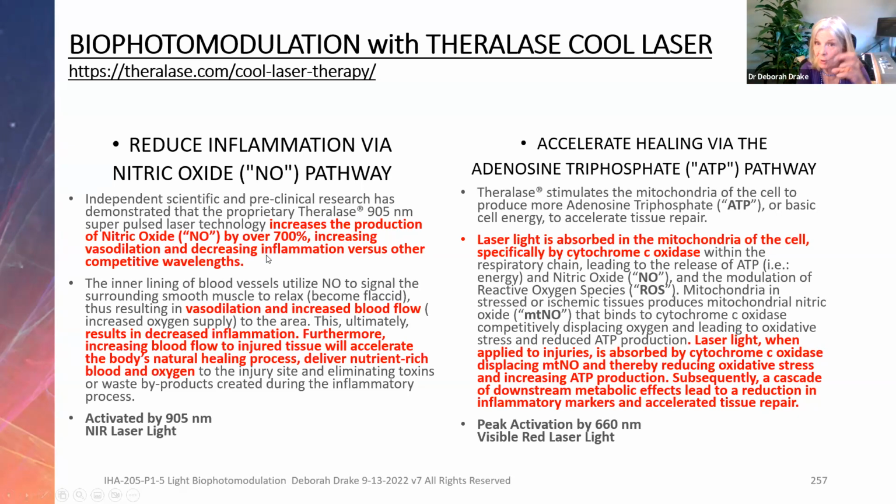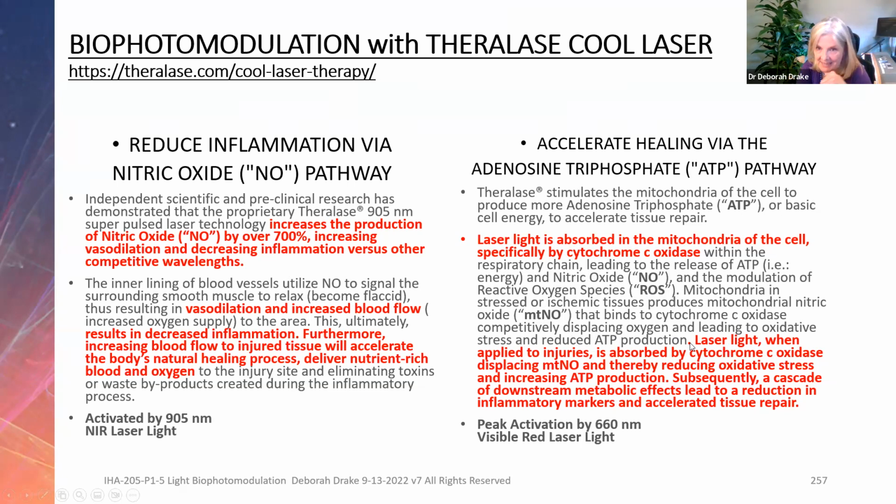It's absorbed into the mitochondria, into the cytochrome C oxidase. This is the respiratory chain where nitric oxide and the reactive oxygen species in the mitochondria are recharged and release this mitochondrial nitric oxide, which binds to cytochrome C oxidase, which completely displaces oxygen, leading to oxidative stress.